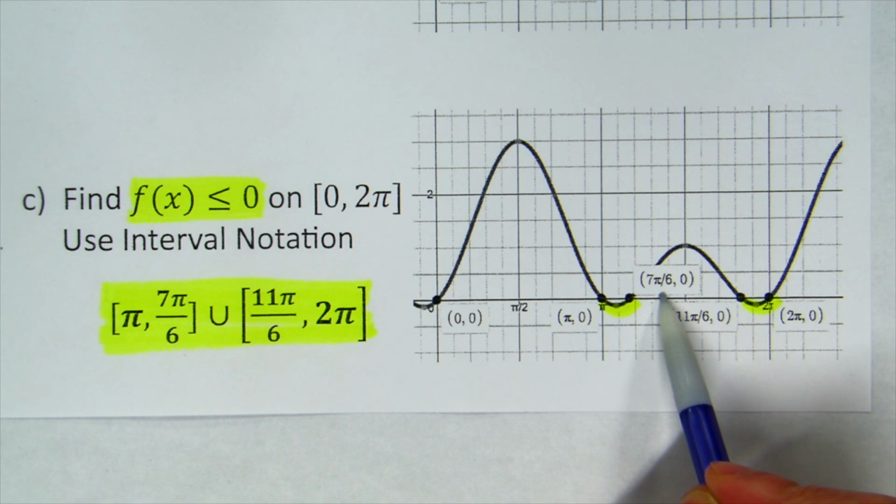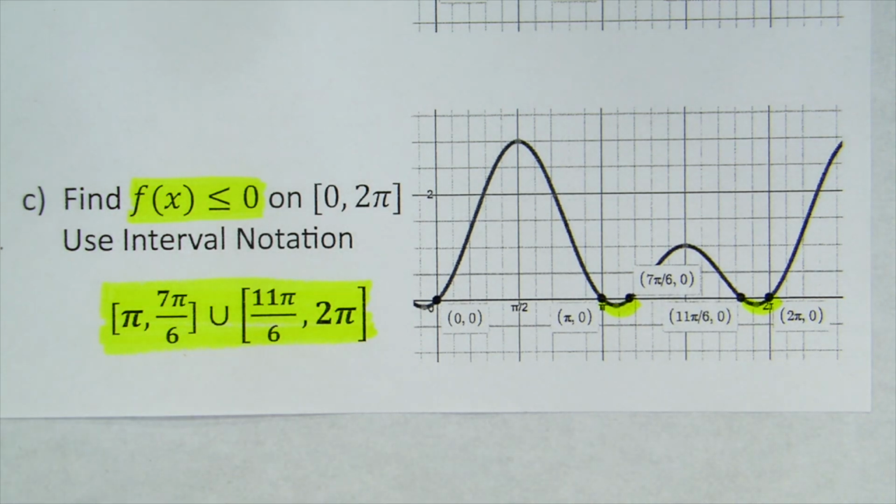If that's the case, you can take that decimal, write it over pi, and then you would have something in terms of pi. But those are just problems that don't work out as nicely when you're looking at them from a graphing standpoint using Desmos, in which case you would need to do those by hand. But this was just a quick demonstration on how you can utilize Desmos for some of your trig inequalities as well as some of your trig equations.